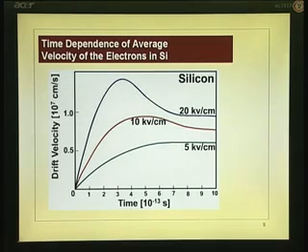Okay. So, you can see the dependence of average velocity of the electron, these are simulated curves which we are projecting. At 20 kV per centimeter, there is slight overshoot, close to saturation. At 5 kV per centimeter, it is much below the saturation velocity. Saturation velocity is 10 to the power 7, and it occurs much beyond 20 kV per centimeter, at about 30 kV per centimeter.